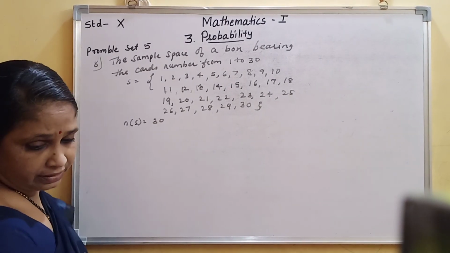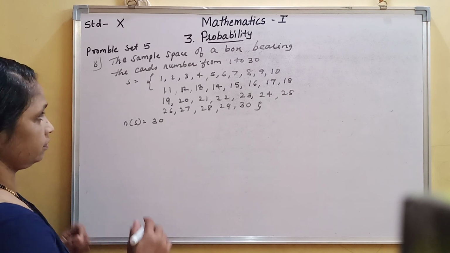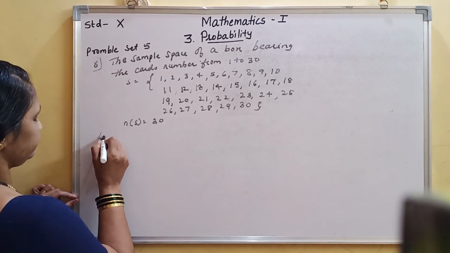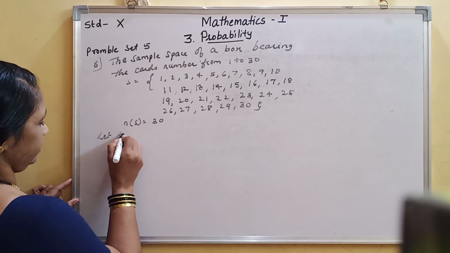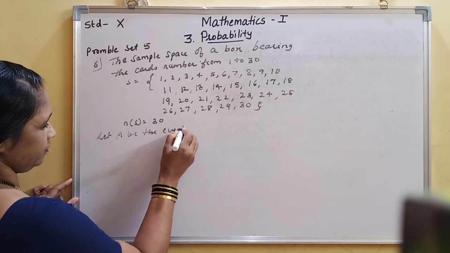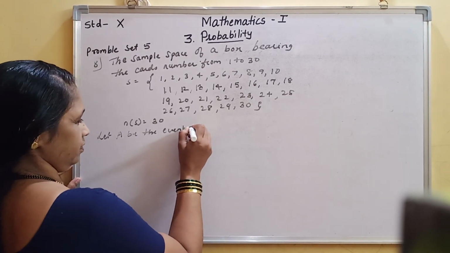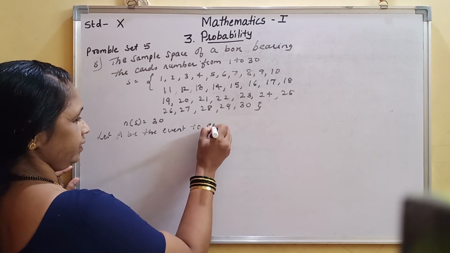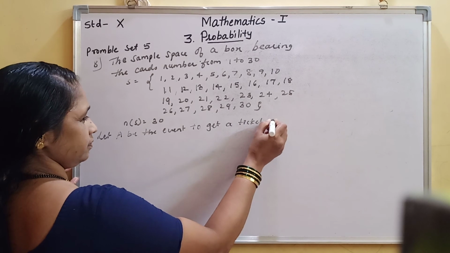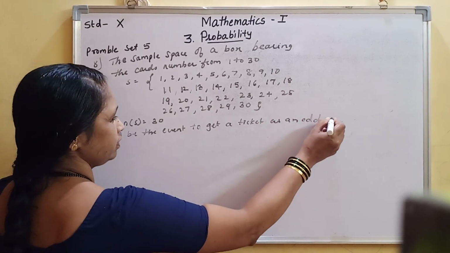Now what is the event they have described? An odd number. Let A be the event to get a ticket as an odd number.